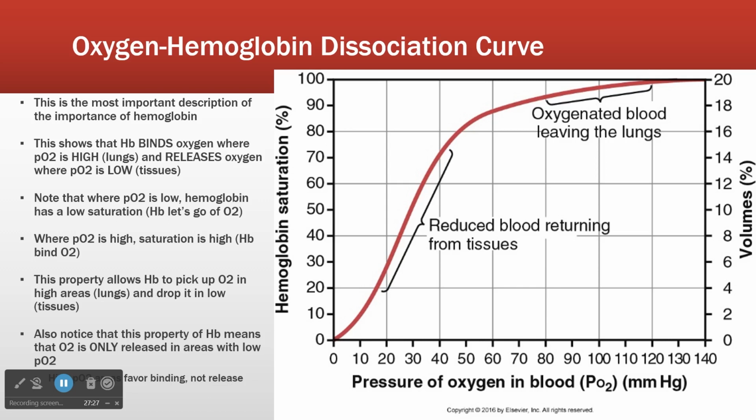So at a partial pressure of 50, hemoglobin is 80% saturated. At a PO2 of 80, hemoglobin is 90-ish% saturated. Okay, so this is experimentally determined. It is a property of hemoglobin.